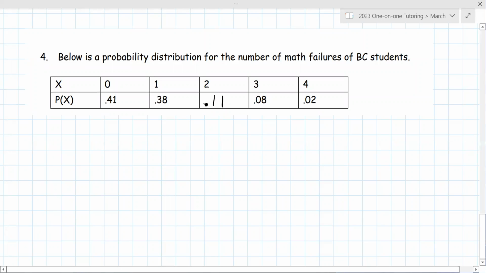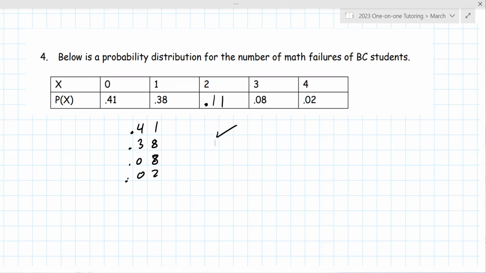Okay. So they have to add up to 1. Okay. So did you add 0.41 plus 0.38 plus 0.08 plus 0.02? Yeah. Okay. And that does work. Very good. Okay. Let's look at another problem here.